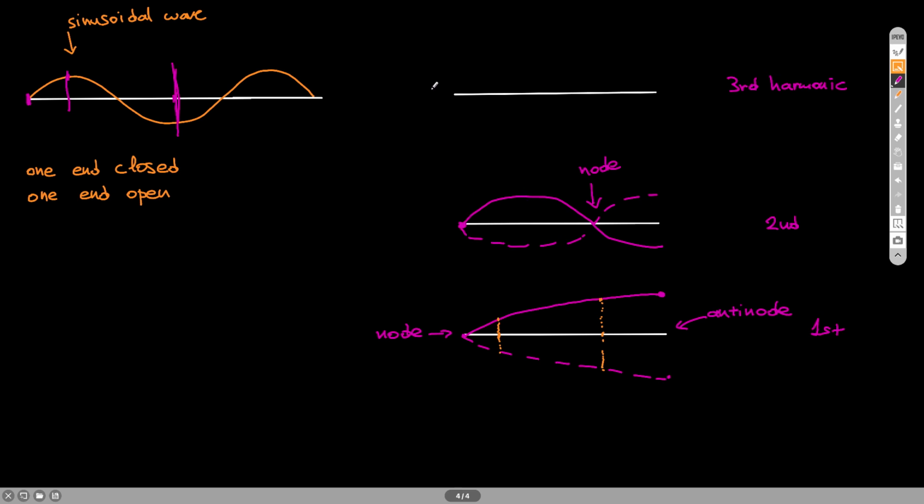Now, for the third harmonic, I'm going to do the same thing. Since I need a node here, that's a node, this is a node. Starting from here, that was my first harmonic, that was my second harmonic. I'm going to start from here and now stop here. I'm going to take this portion. This is first harmonic, second harmonic, third harmonic.